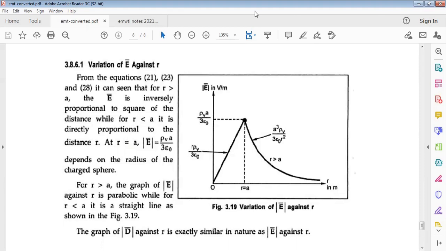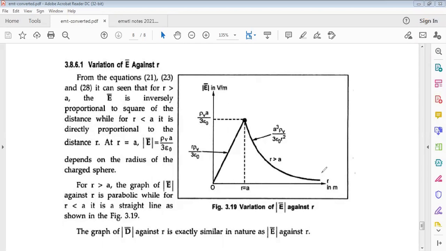See here, this is the equation: r rho v by 3 epsilon naught. When r increases 0, 1, 2, 3, correspondingly it increases. At r is equal to a, it becomes rho v into a by 3 epsilon naught.